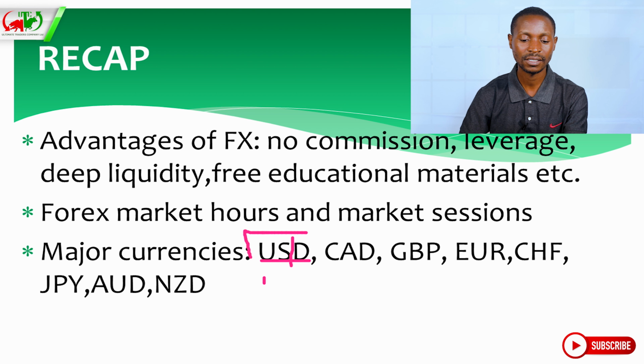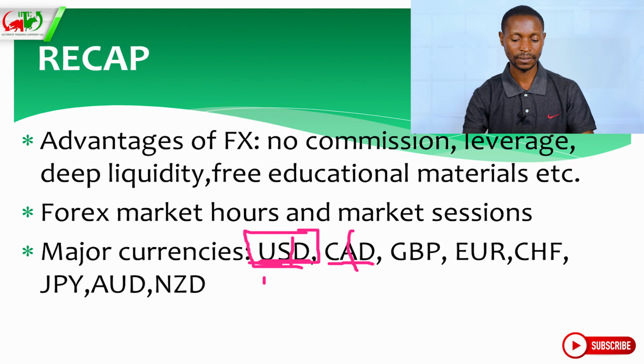So this clearly means that the United States is using the dollar as a currency. Another example is when we write CAD. This is the Canadian dollar, GBP is Great Britain pound, or euro, etc.